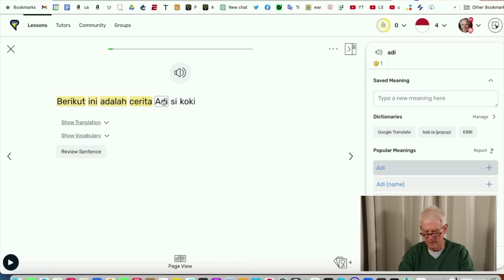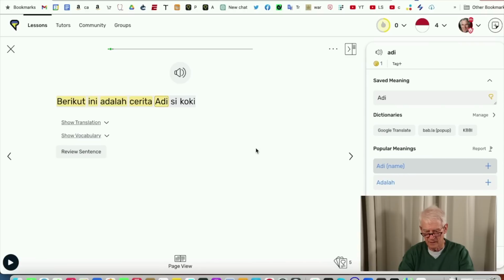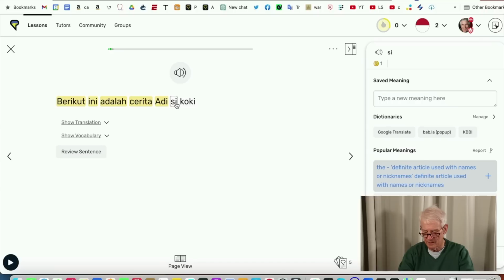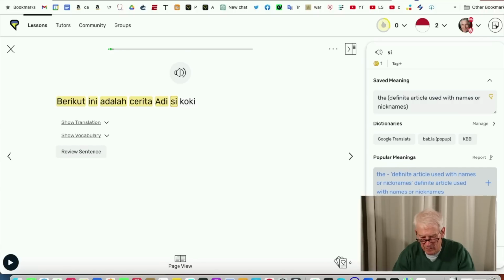Story. Adi. Si. The. Cook. Okay. Berikut ini adalah cerita Adi si Koki. Cerita 1A. We got to work on the time stamping there, but berikut ini adalah cerita Adi si Koki.